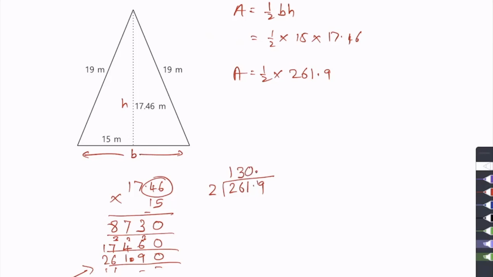We carry the 1. 2's into 19 go 9. 9 2's are 18. We've got 1 left over. So we add another 0 and we carry the 1. And 2's into 10 go 5. And I'll stop there.